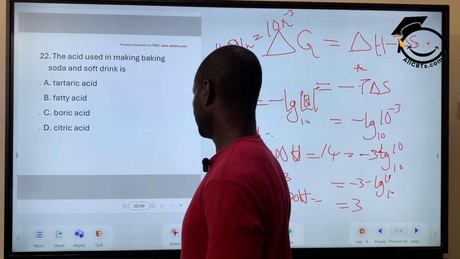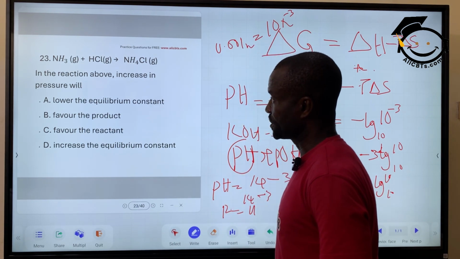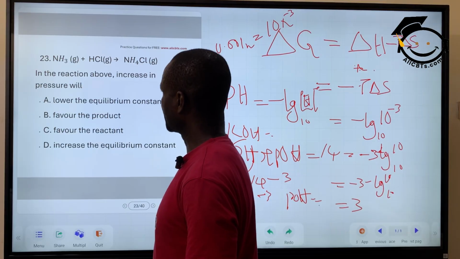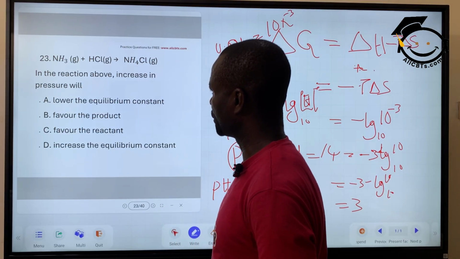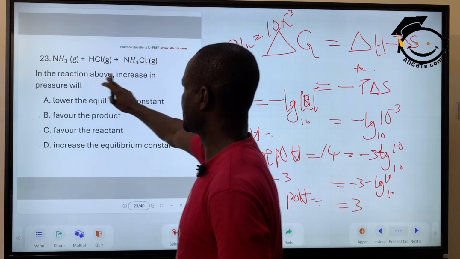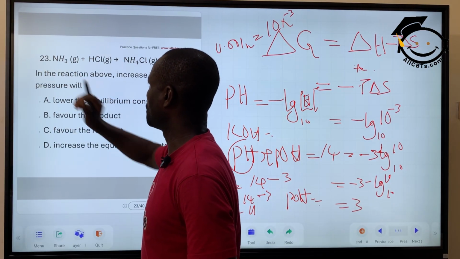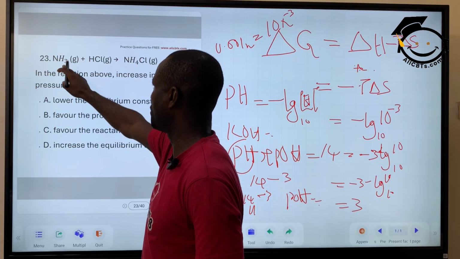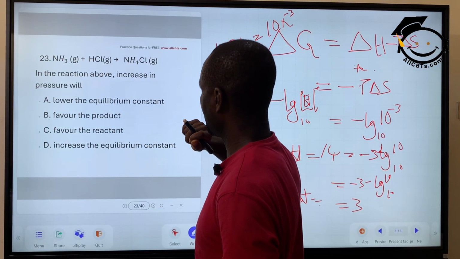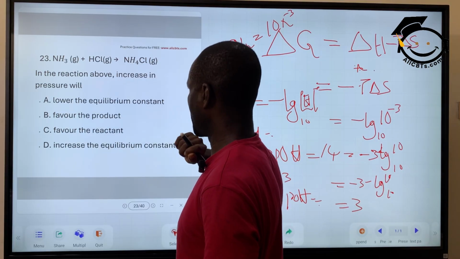Number 23. In the reaction above, increase in pressure will, this is a Le Chatelier's principle equation, which says when you have a volume, the reaction there is ammonia reacting with HCl to give you ammonium chloride.